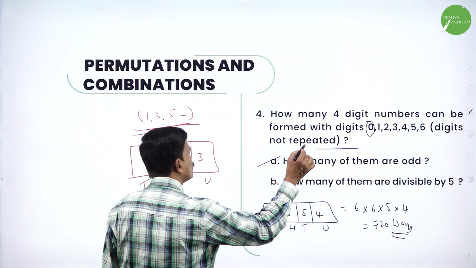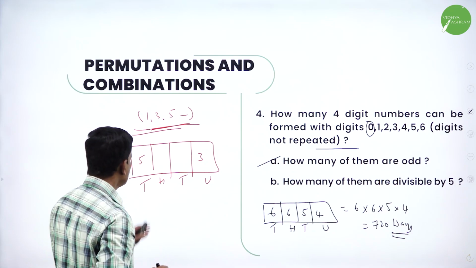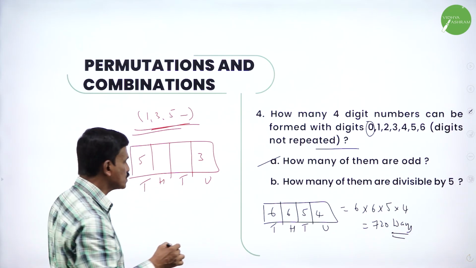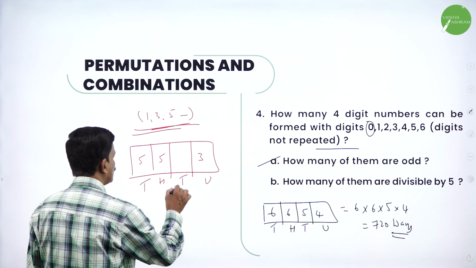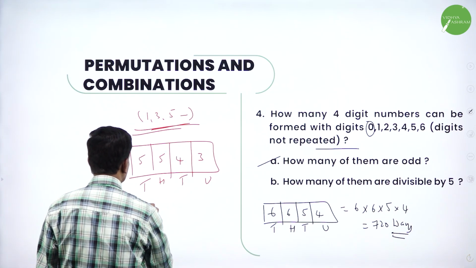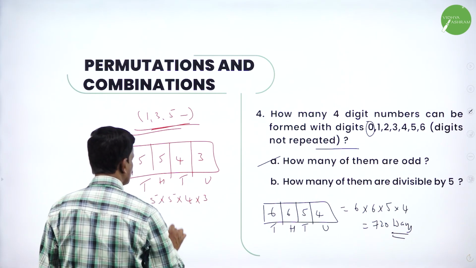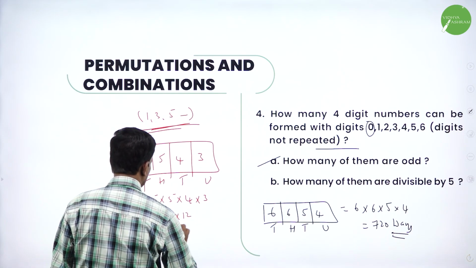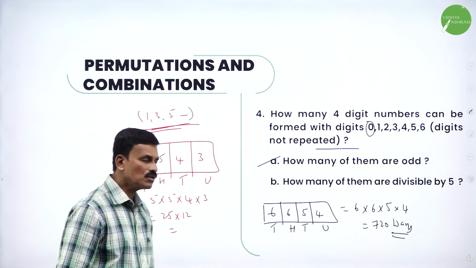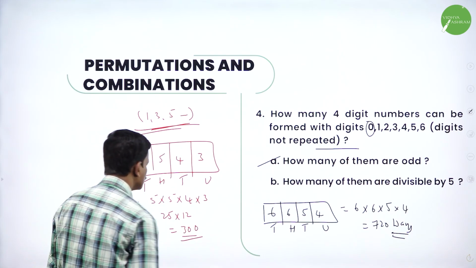So the numbers left are 1, 2, 3, 4, 5. In the 100 place we can include 0 also. Therefore the 1000 place can be filled by 5, the 100 place by 5 and the 10th place by 4. So the required permutation is 5 into 5 into 4 into 3. 5 5s are 25, 25 into 12 is 300.